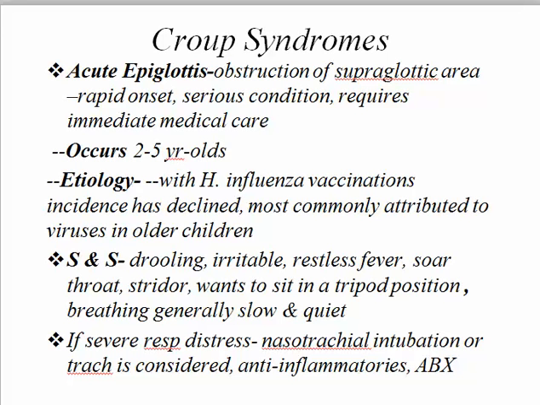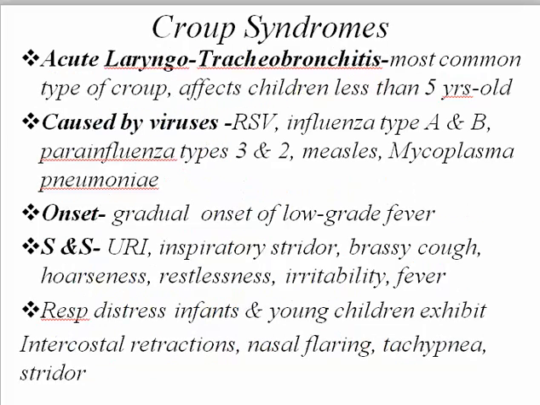All right, so now we're moving on, and we're going to talk about acute laryngotracheal bronchitis. First of all, it's one of the most common types of croup, and it affects children less than 5 years of age. It's caused by viruses.